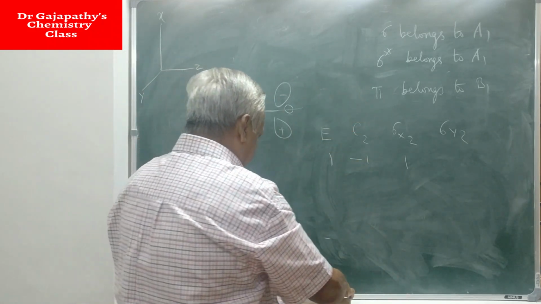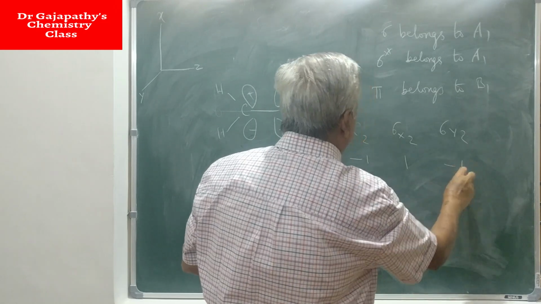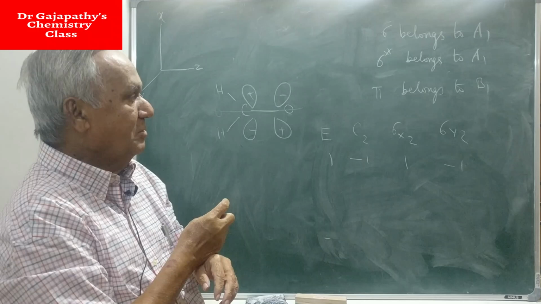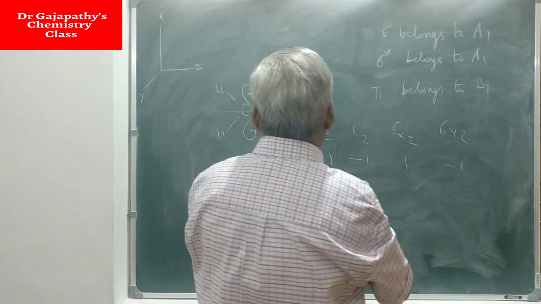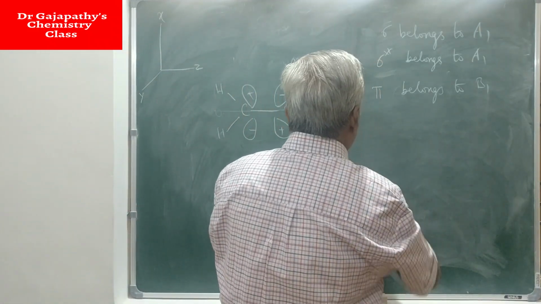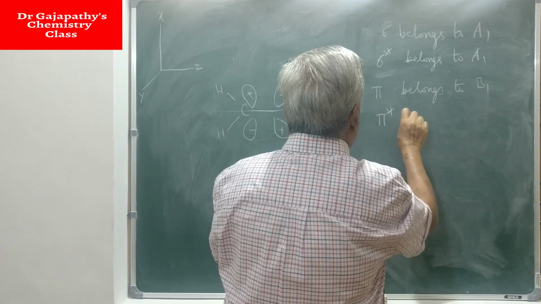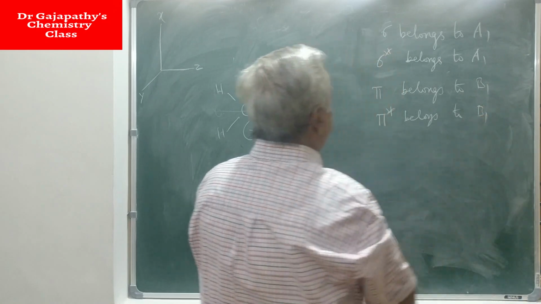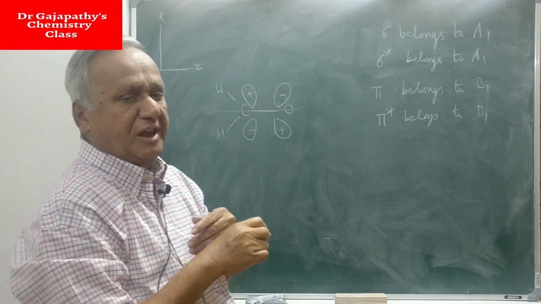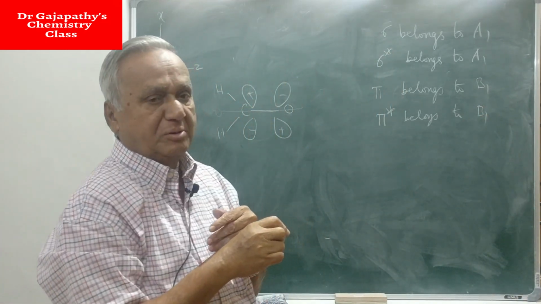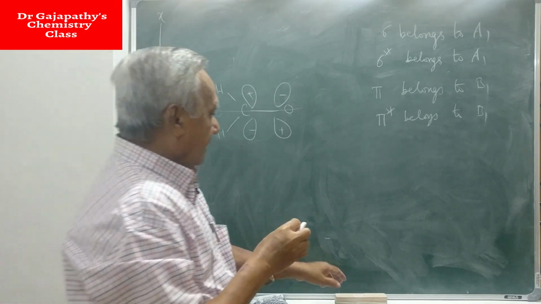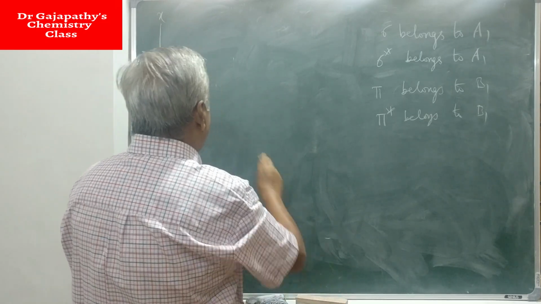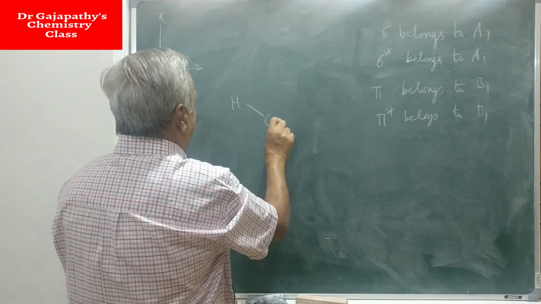So it is minus 1 again. 1 minus 1, 1 minus 1 belongs to B1 symmetry. So pi star belongs to B1 symmetry. So sigma and sigma star both A1, pi and pi star both B1. Then a non-bonding, a lone pair of electrons is present on the oxygen. I am sketching that.